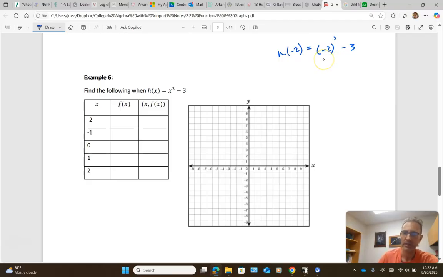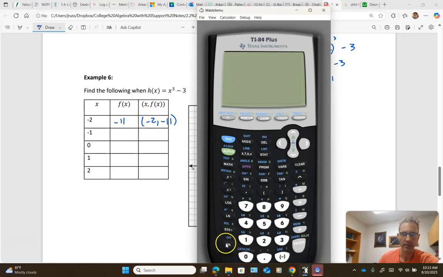When you cube -2, you get -8, and -8 minus 3 is -11. That will actually be off the screen, or off our viewing window, just a little bit.